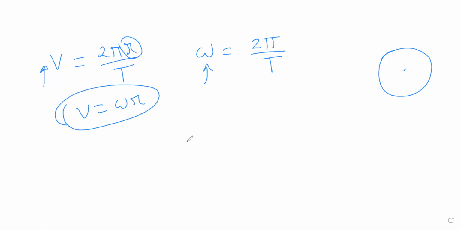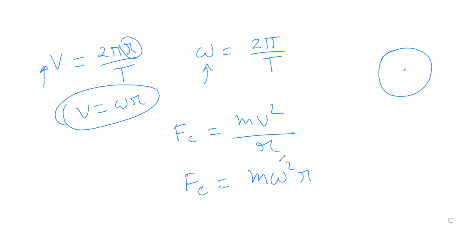And we know the formula Fc, centripetal force, equals m v square over r. And we also know Fc equals m omega square r. How did I get to this point? You just plug in this omega value; you can see the previous page. And what do we know about another force? Force equals ma, right?